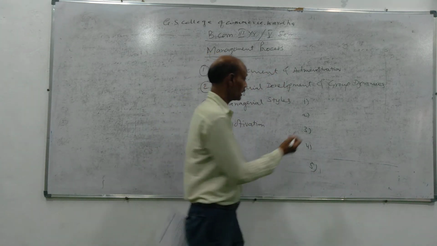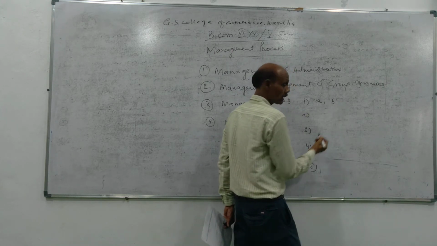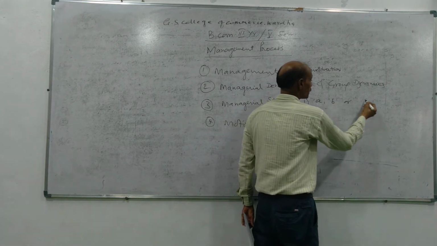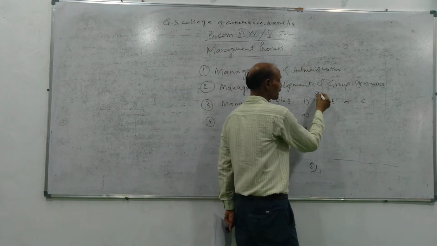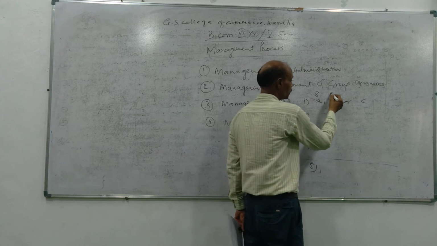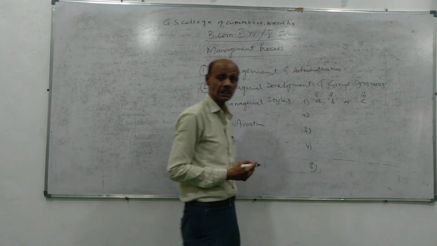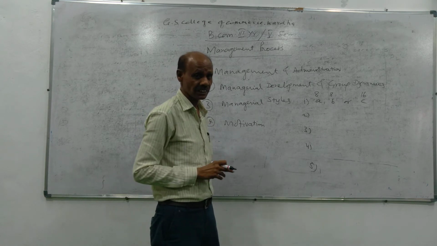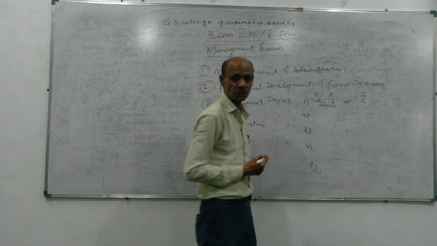In the first unit, you will get A and B, or there is a question namely C. The A question consists of 8 marks, the B question consists of 8 marks, or the C question consists of 16 marks. Means you have to answer either A and B put together, or C.